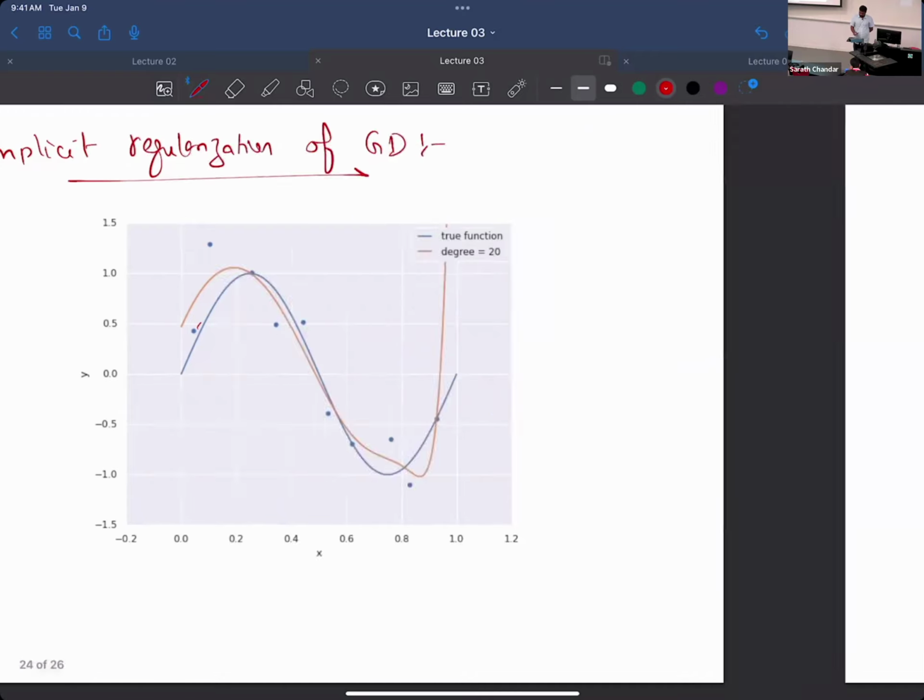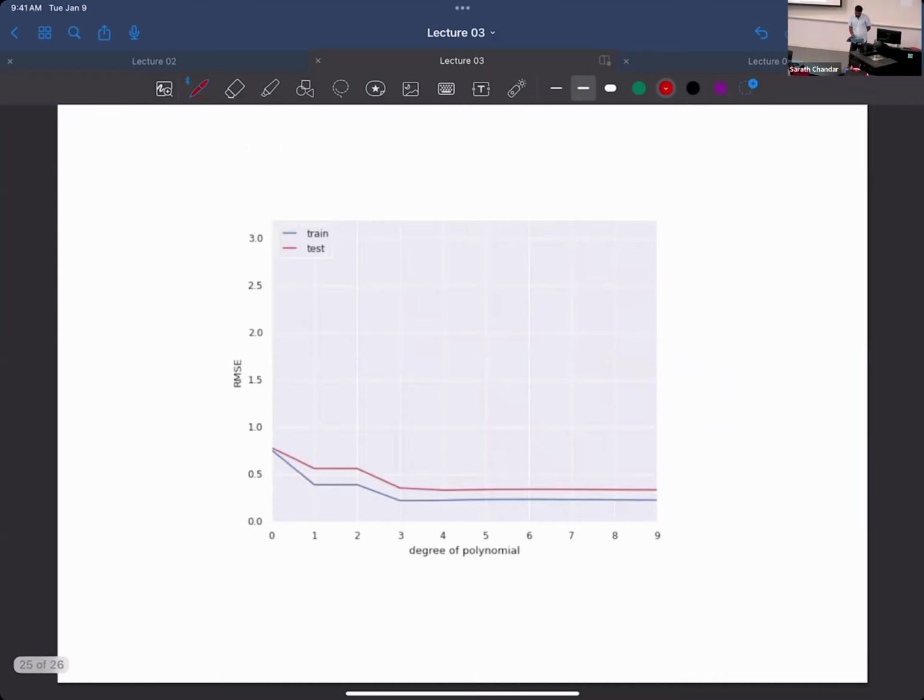If I go back to the same exercise we did last time, where I simply vary the degree of polynomial and plot the train and test errors, you remember the curve from last week, there was massive overfitting happening, right? Here you see that I'm doing degrees 3, 4, 5, 6, 7, all the way to 8, and there is no overfitting happening.